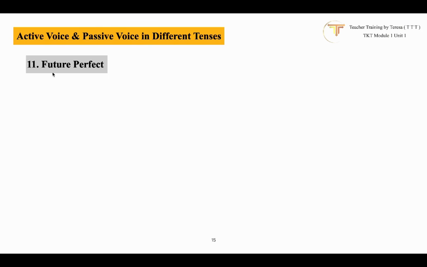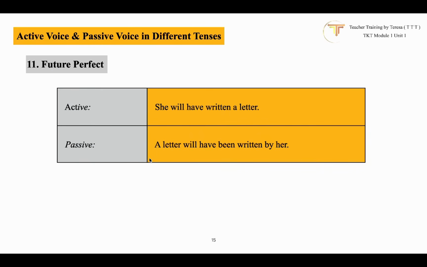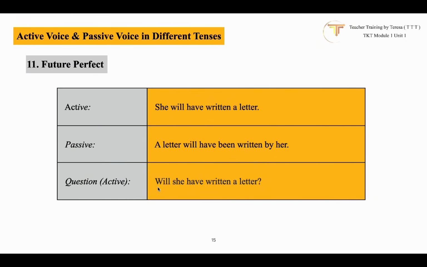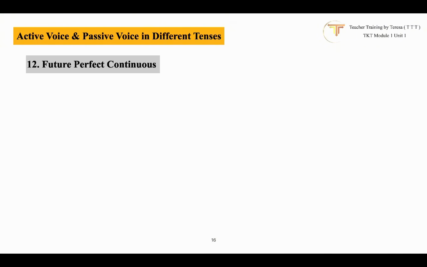11. Future perfect. She will have written a letter. A letter will have been written by her. Will she have written a letter? Will a letter have been written by her? 12. Future perfect continuous.